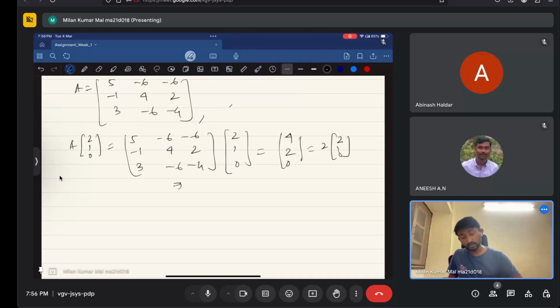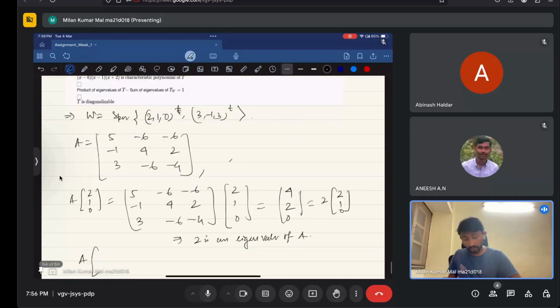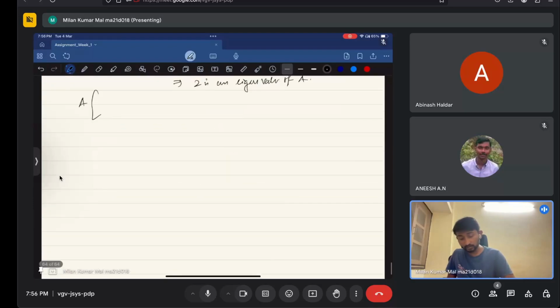Therefore 2 is an eigenvalue of A, with eigenvector 2 1 0. Similarly, let's find A times the other vector 3 minus 1 3.